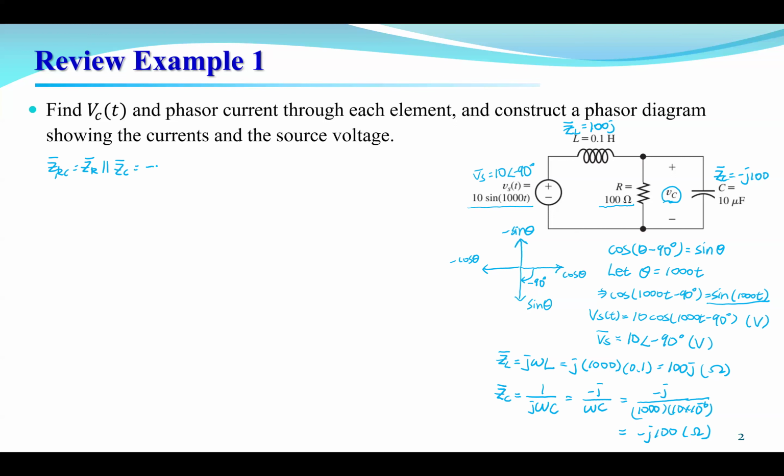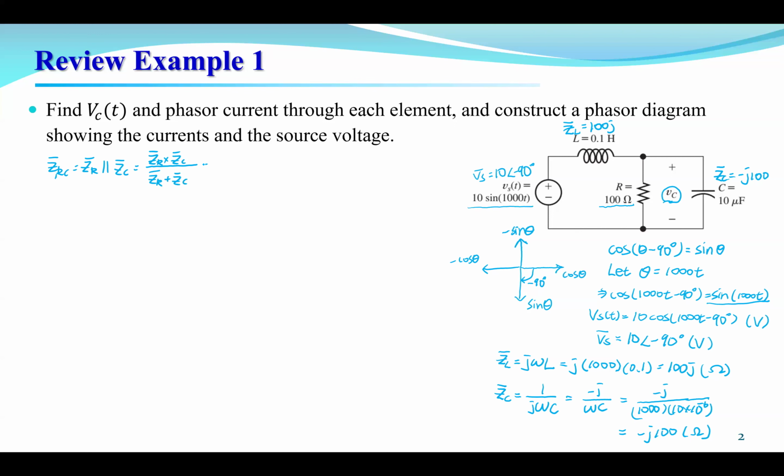To calculate the parallel of impedances is similar, or you can say identical, to the calculation of two resistors in parallel. So we have ZR times ZC divided by ZR plus ZC.